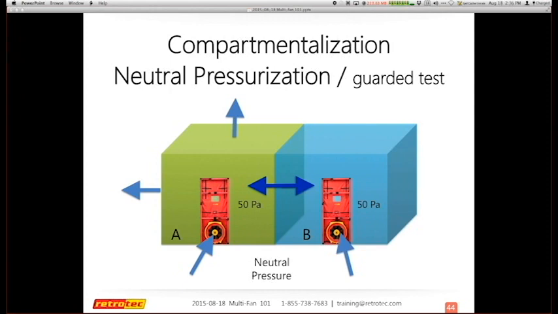So in this scenario, my goal is to make sure you visualize that I have unit A at 50 Pascal, unit B at 50 Pascal. There's a neutral pressure between the connecting walls, could be floor. And at that point, I have now isolated unit B from unit A. So I can now subtract that measurement, or figure out what I'm actually trying to measure on unit A, knowing that unit B is no longer part of that measurement.